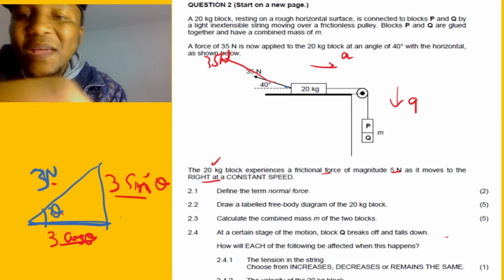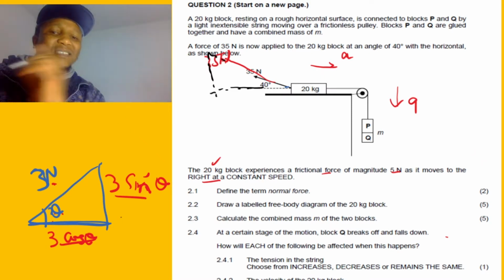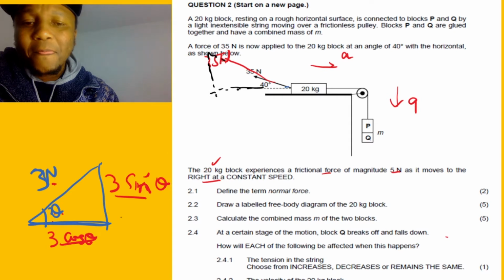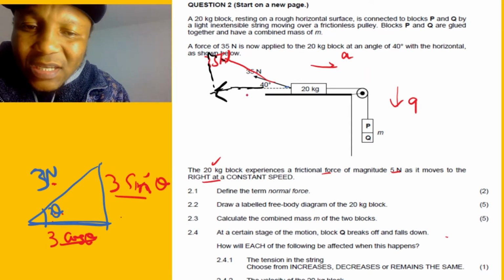So we're going to play the same game here. Let me extend it, and then, like the triangle, this is the adjacent. What is adjacent? Adjacent is cos. So here it's going to be cos 40, multiplied by the hypotenuse, which is 35 Newton.